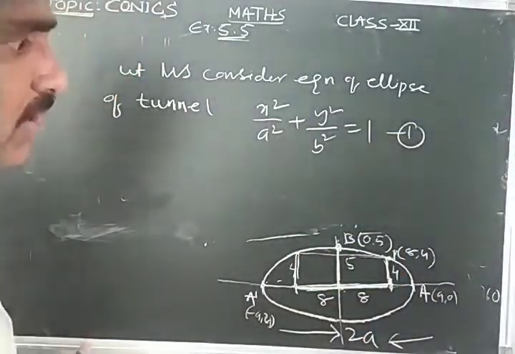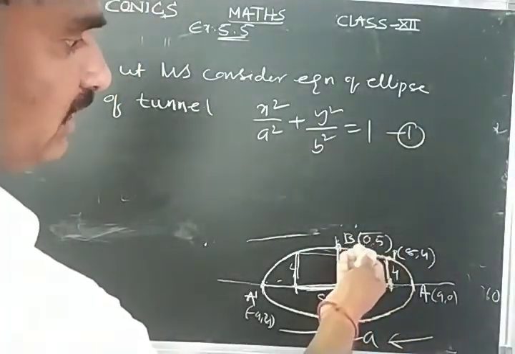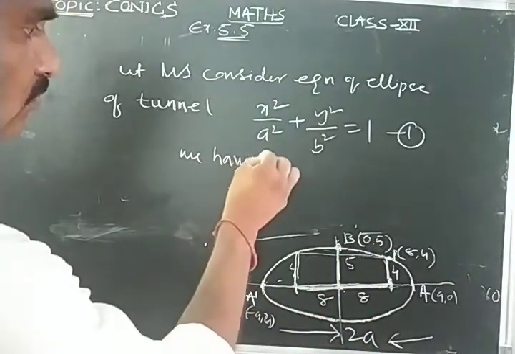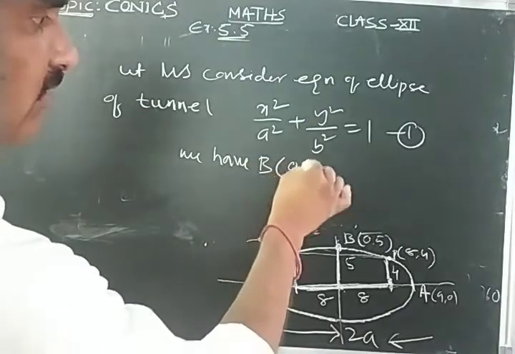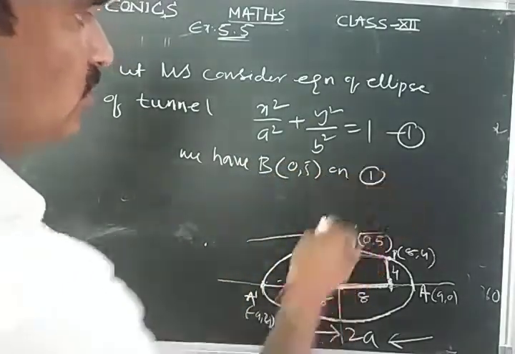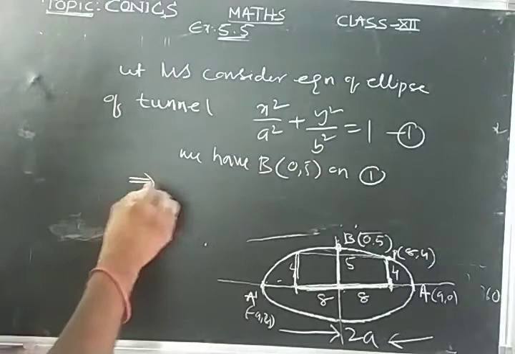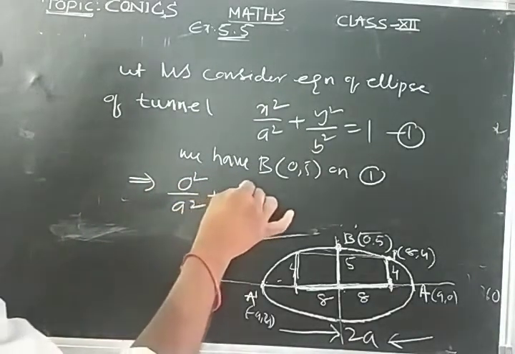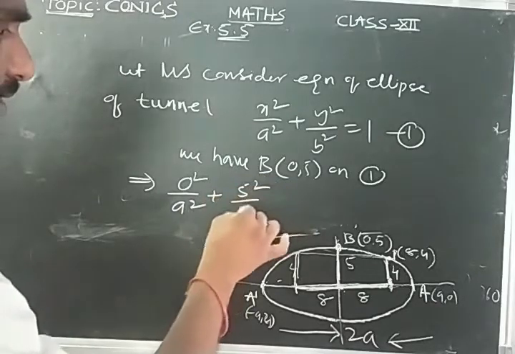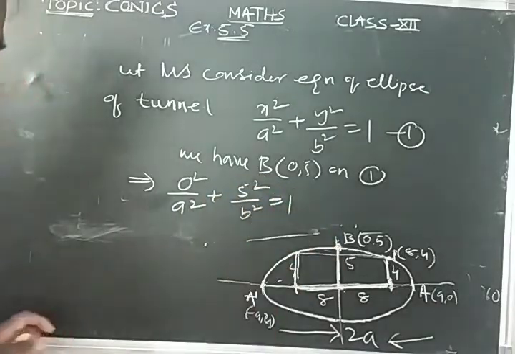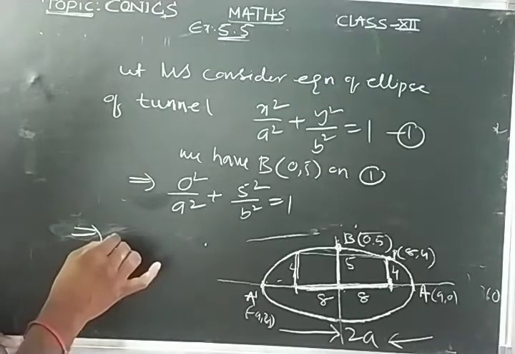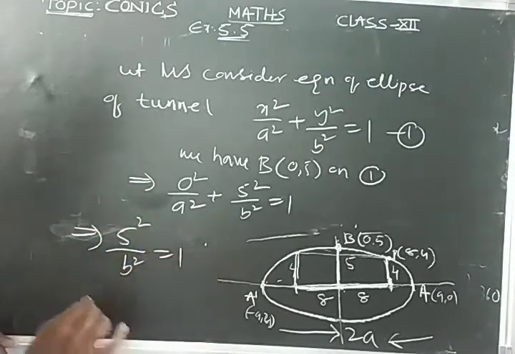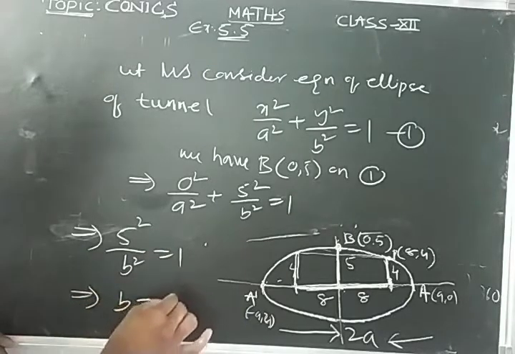And we have one point on the ellipse, B, point 0 comma 5 on 1. So substitute 0 comma 5 in the equation. What will you get? 0 square by a square plus 5 square by b square equals 1. From this equation you will get 5 square by b square equals 1. From this you will get b equals 5.